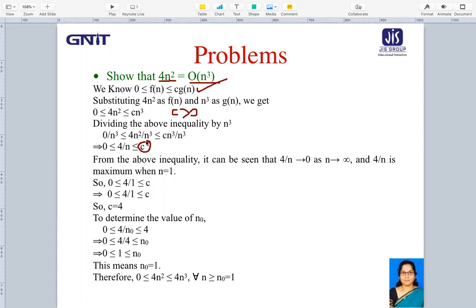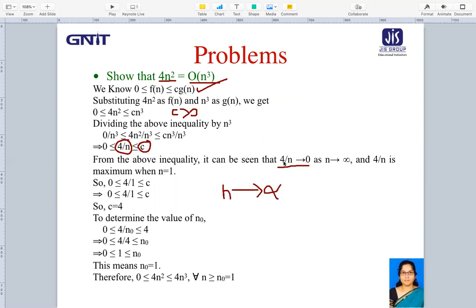Whatever the value of n, this term will always be less than or equal to c. When n tends to infinity, 4 by n tends to 0.